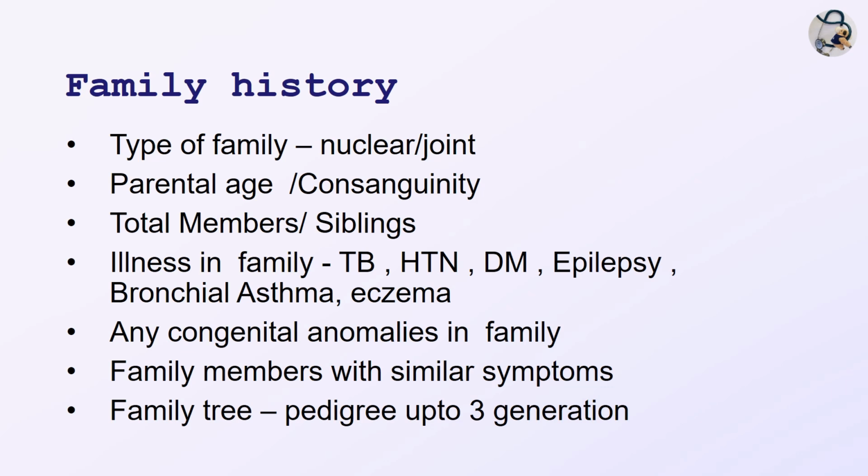Illness in the family, any chronic illness like tuberculosis, hypertension, diabetes mellitus, epilepsy, bronchial asthma or eczema, and any congenital anomalies in the family should be asked. And whether family members have similar symptoms as the child. So many times in genetic diseases they may have this. And then finally you have to make a family tree, that is a pedigree, up to 3 generations is expected.